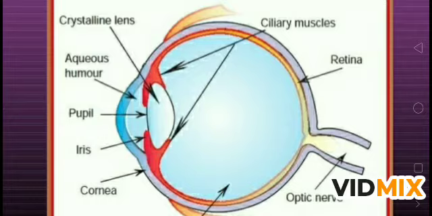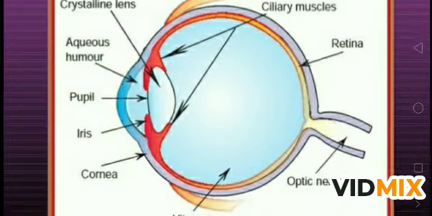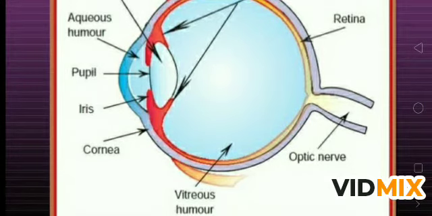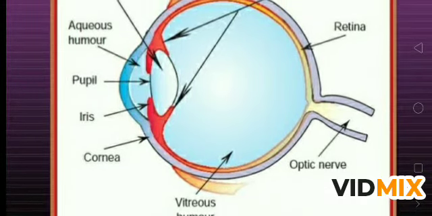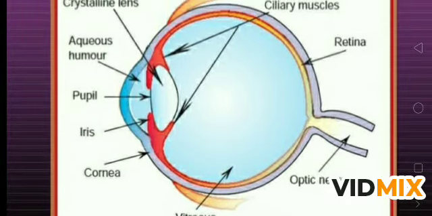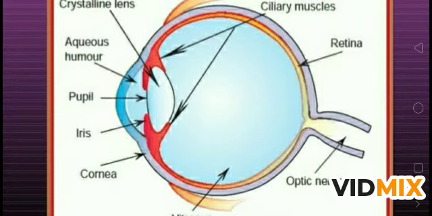In front of the lens there is a part called aqueous humor, and behind the lens it is vitreous humor. The bluish part in this diagram is vitreous humor, which helps the eye to be spherical in shape. The yellow part on the back side of the eye is called retina, on which the images are formed, and optic nerves. Pupil is the smallest part of the eye from where the light enters.